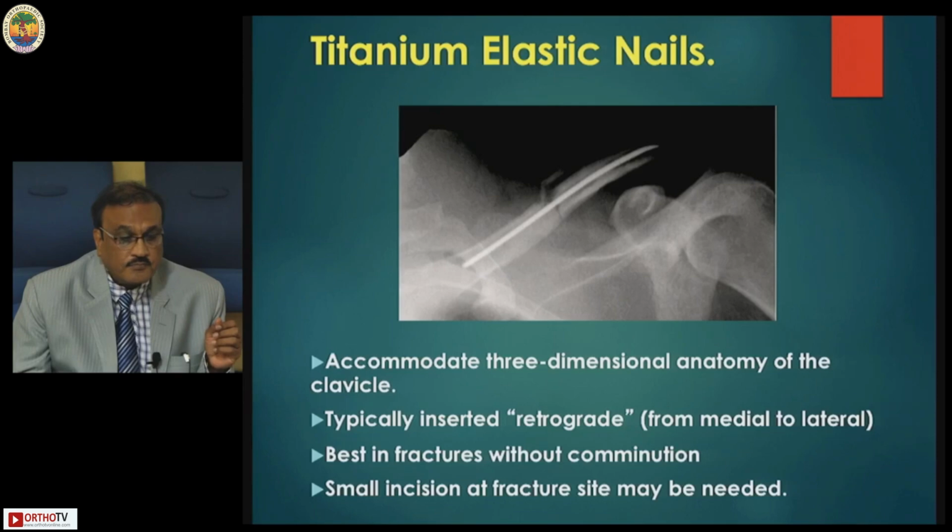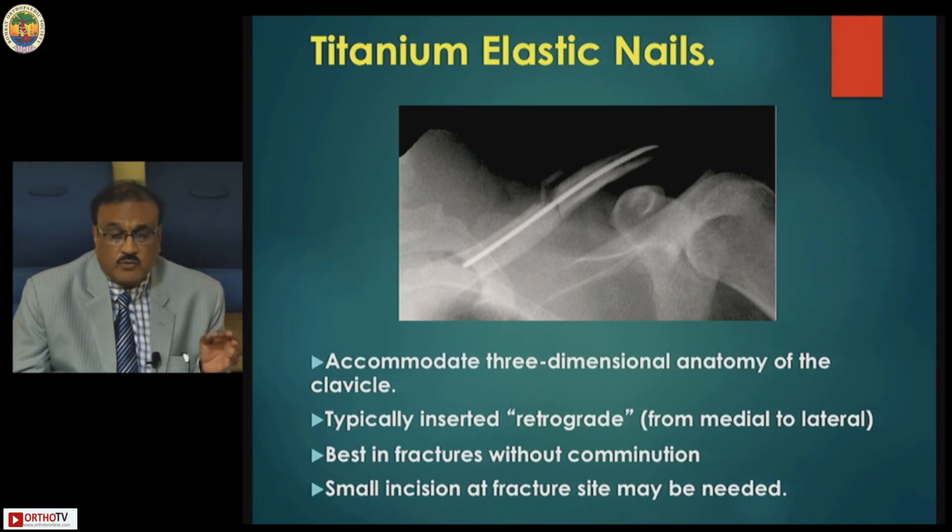Now there are titanium elastic nails that have come up, which accommodate the three-dimensional anatomy of the clavicle, typically inserted retrograde from medial to lateral or from lateral to medial. It is best for fractures without comminution, and a small incision at the fracture site may be expected.